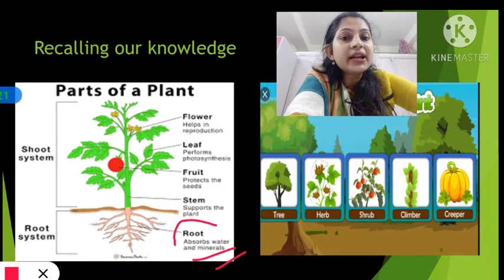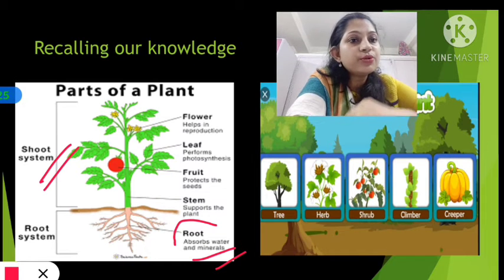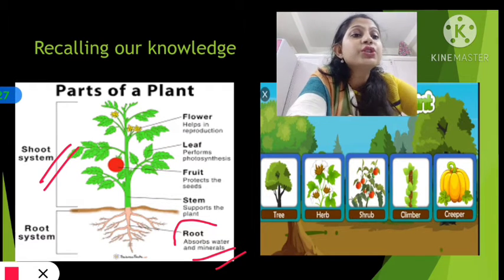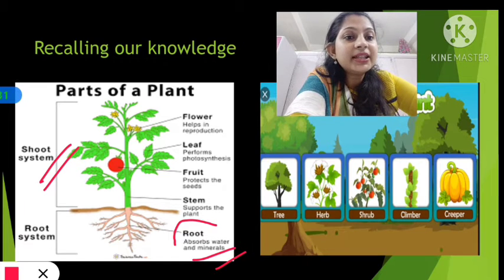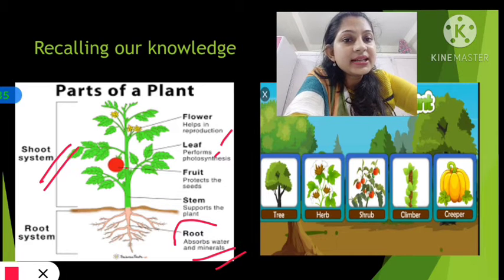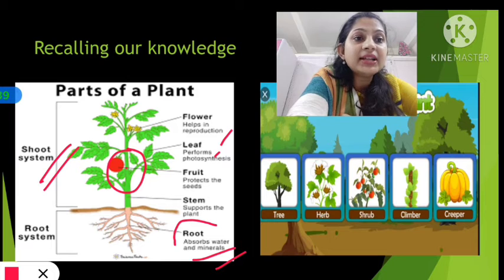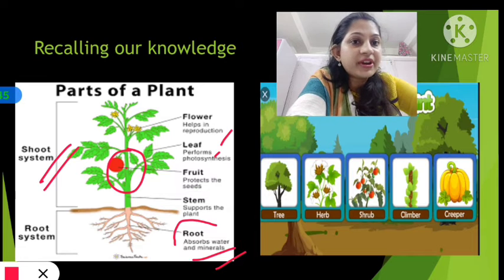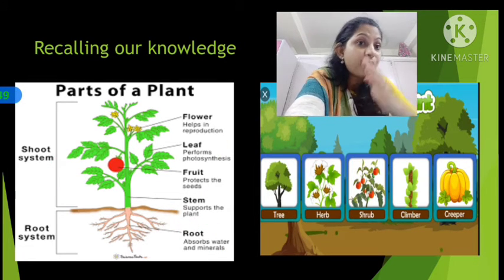Then the part above is called the shoot system. Below is root, above it is shoot. And the green colored portion is leaf. And this red juicy part of the plant is fruit. And flowers are there. So these things you are already aware of. Okay, so we will take our class from here.